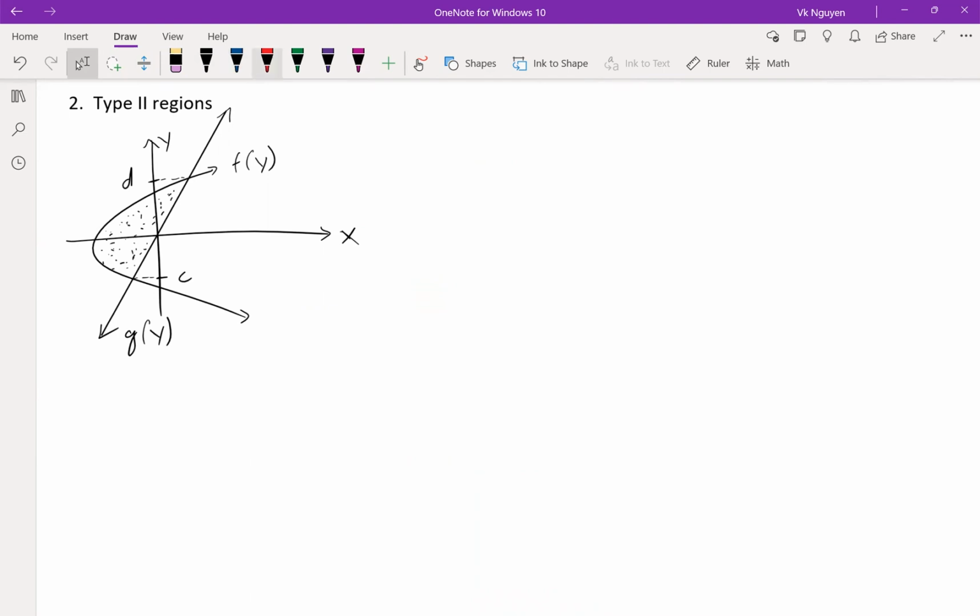So in this case, we will be using a horizontal sample stripe instead. Horizontal sample stripe. This one will have an area of length and width.